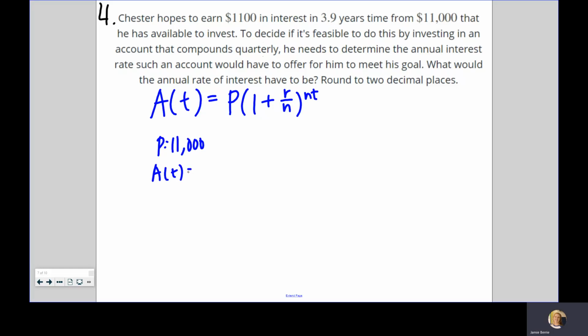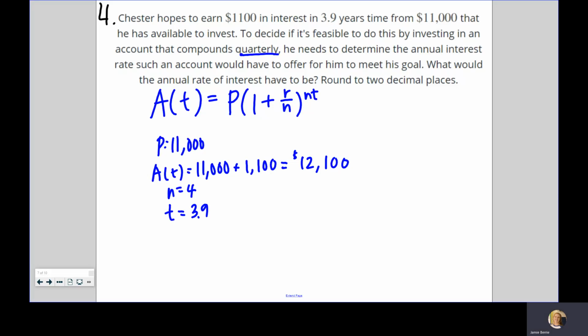His future value, he wants it to be $11,000 plus the $1,100 he's going to earn in interest. So that's going to be $12,100. We know that it's compounded quarterly, so N is 4 times a year. And we know that he's going to leave this money in the account for 3.9 years.